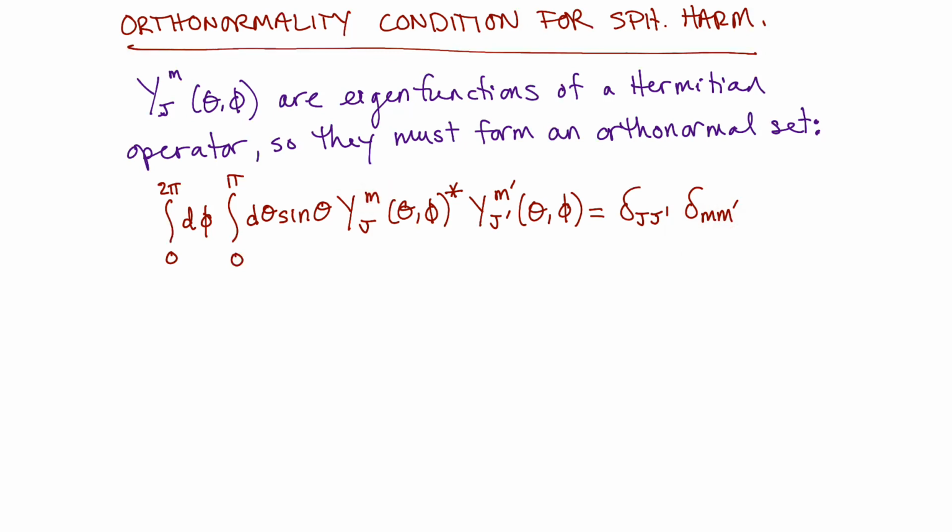If these are the same, this guy will go to 1. If they are different, it will go to 0. Since these are multiplied together, if one of those goes to 0, then your whole function goes to 0. So they have to both be exactly the same in order to have that normalization condition.